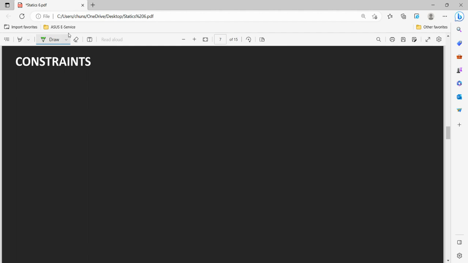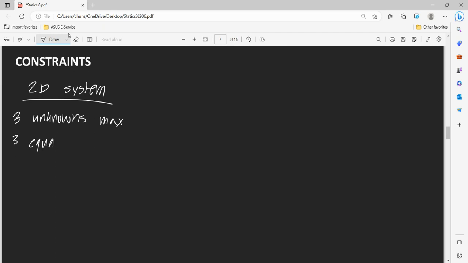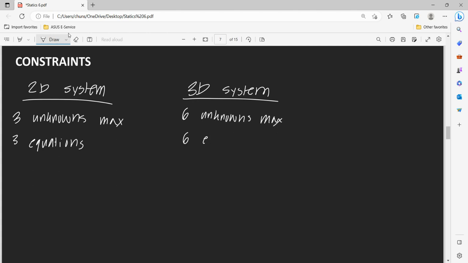All right. So last part I'd like to talk about is constraints. For a 2D system, if you recall, you can have 3 unknowns maximum, and 3 equations. So if it exceeds, then you cannot determine the system. It's indeterminate. Similarly, in a 3D system, you have 6 unknowns max because you have 6 equations you can use.